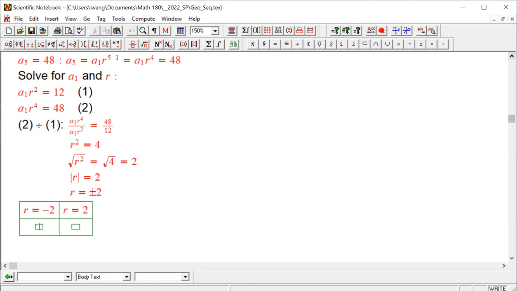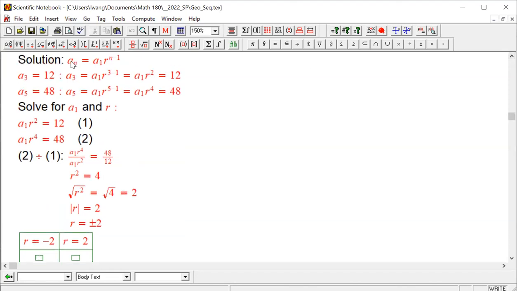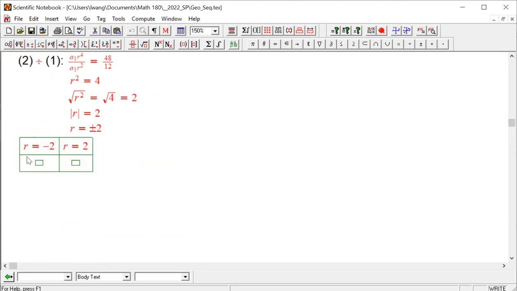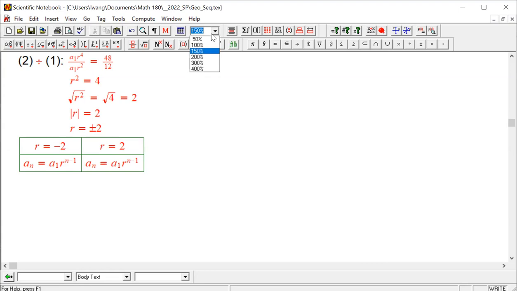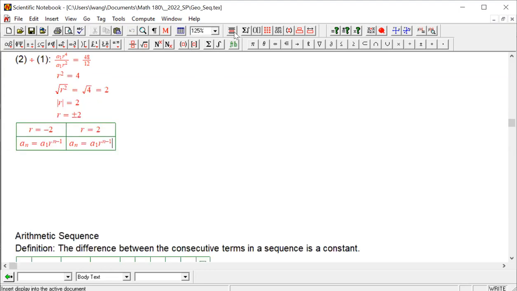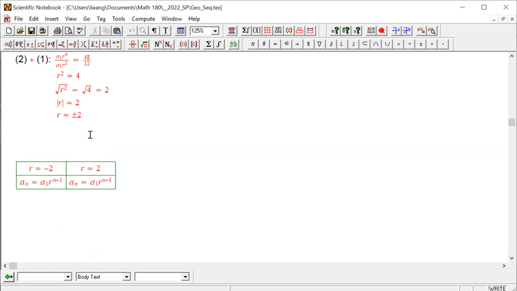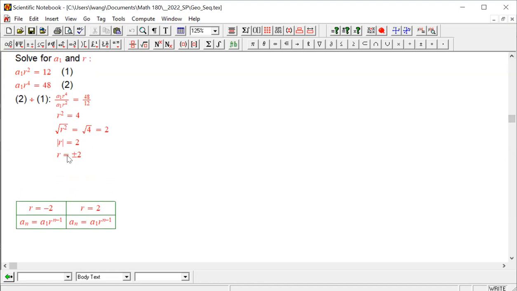The general term of the sequence would be a sub 1, similar. We haven't found a1 yet, okay? We're just looking ahead. So now with r equals plus or minus 2, we're going to go back to one of the equations.